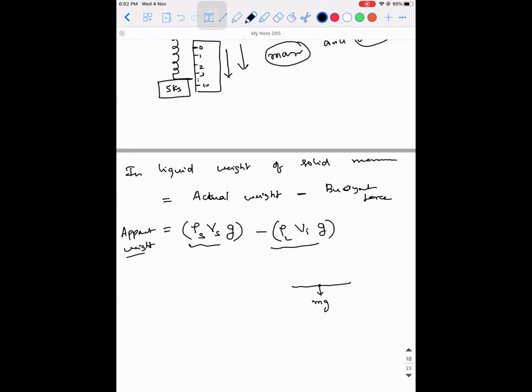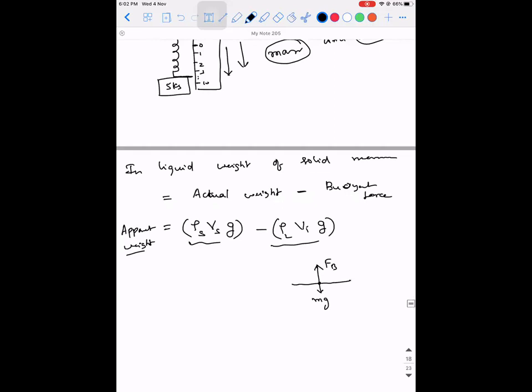If the buoyant force is also able to act along the same line of action, the swimmer will be able to balance. But if a person doesn't know swimming, mg will act here, Fb will act here. As a result, they are not able to balance themselves. That is why they drown.